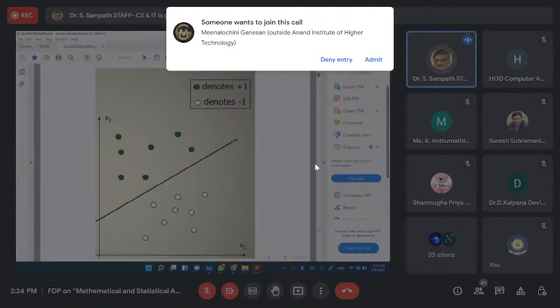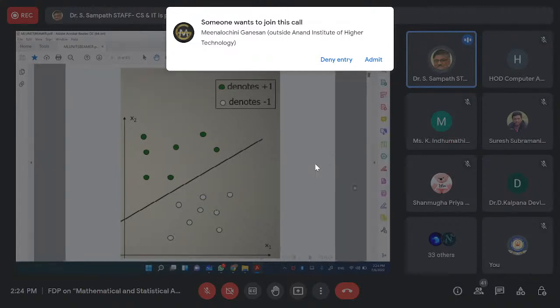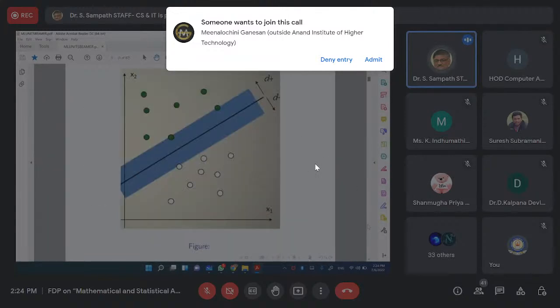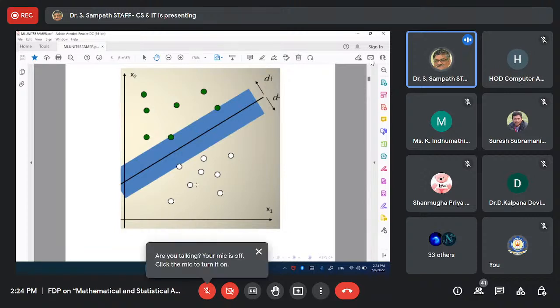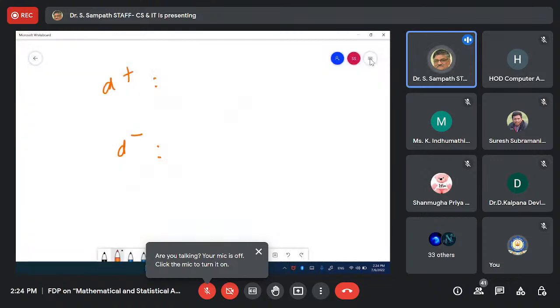We take d plus as the perpendicular distance from the straight line to the nearest positive point, and similarly, d minus is the perpendicular distance from the hyperplane to the nearest negative point. These two distances can be added to define what is known as the margin of separation. This is what we will be trying to do.